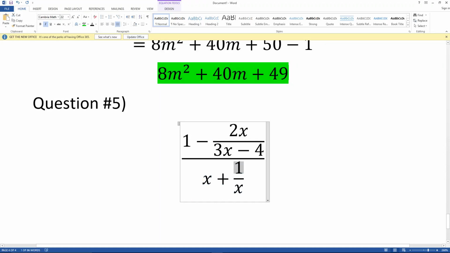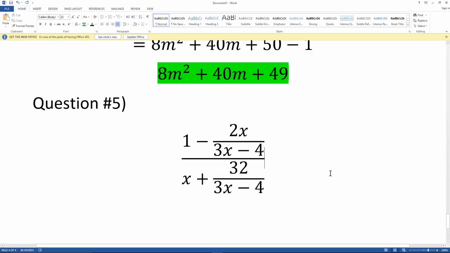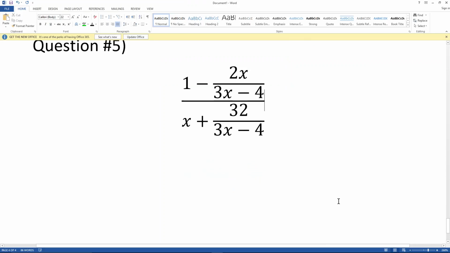No, she decided that she was okay with 4. Is that right? Did I copy it down correctly? Yes, sir.